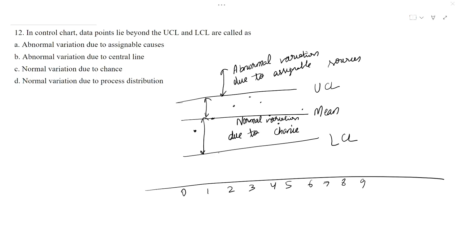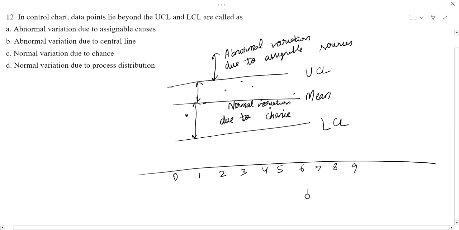Okay, the graph was between quality characteristic.